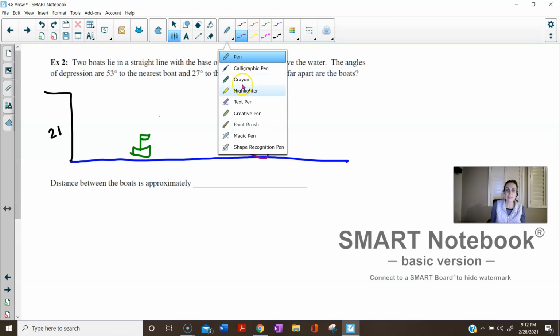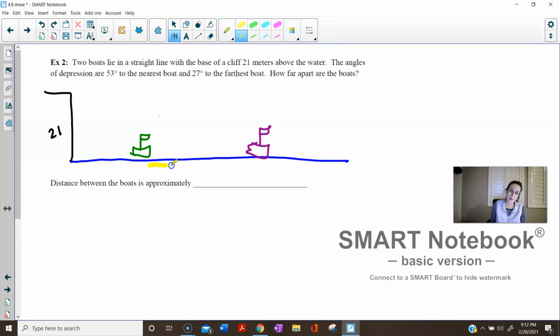And what we're trying to do is figure out how far apart these two boats are. And we're going to use the angle of depression. So the first thing we'll do is the angle of depression is going to go from the horizontal. So if this is your person on the cliff, from their eye level, so from the horizontal down to the boats.